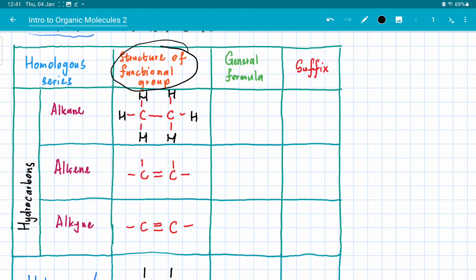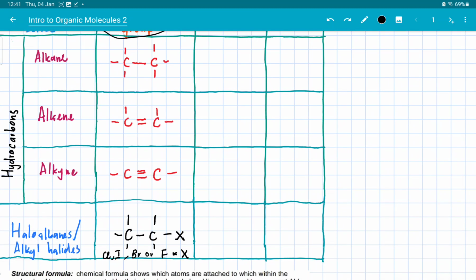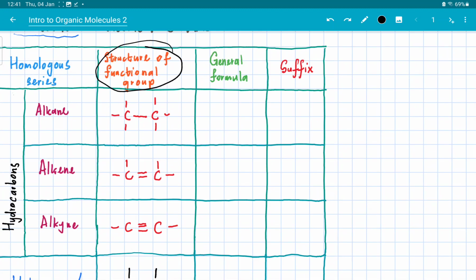That is ethane. This is a specific organic molecule. So I remove those hydrogens whenever I'm told to draw a structure of a functional group. Don't put hydrogens there. And then let's get back to the general formula.